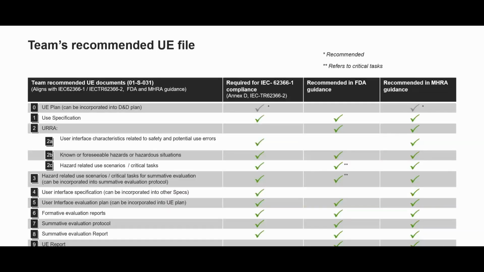And so all of those outputs I've just discussed are shown here in this table, and it shows how they correlate to the different regulatory bodies, the three key ones: 62366 for the EU, FDA guidance, and MHRA.